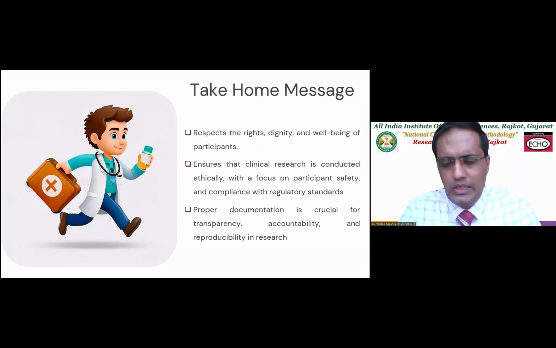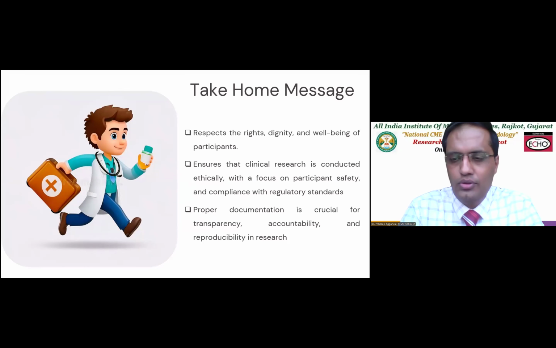Ensure that the clinical research is conducted ethically with a focus on patient safety and compliance with the regulatory standards. You have to ensure there should be no risk, no harm to the patient. Proper documentation is the key to success of any research.